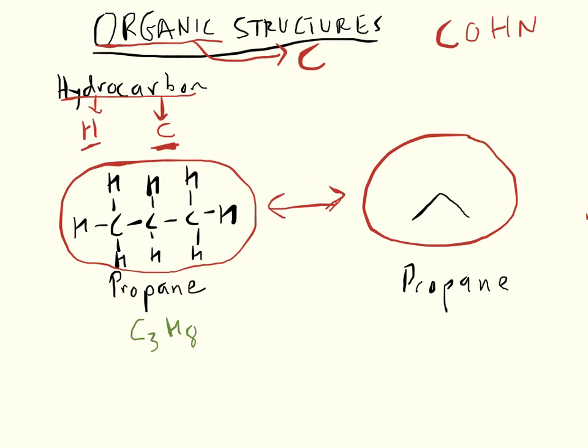Well, the idea is every vertex, these 3 points, 1, 2, 3, represent a carbon. So in this compound, based on this drawing, we know there are 3 carbons present. Then we have to use our knowledge of chemistry. We know that carbon loves to form 4 bonds. So that means however many bonds are remaining, that's how many hydrogens are bonded to those carbons.